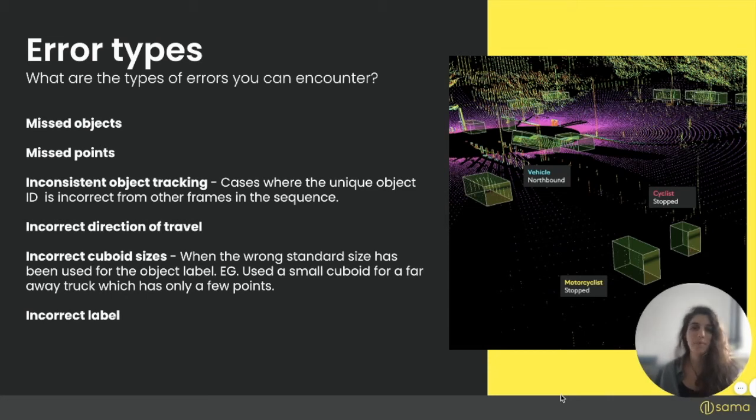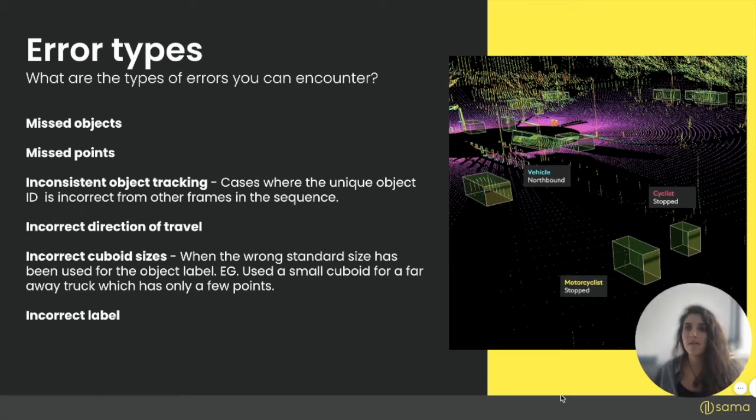So what are the types of errors that you can encounter? There are a lot of errors that could be attributed to annotators, but there are also some other errors that might be introduced by your sensors, or some noise that you can find in your data, in your LiDAR. So one example would be missed objects.